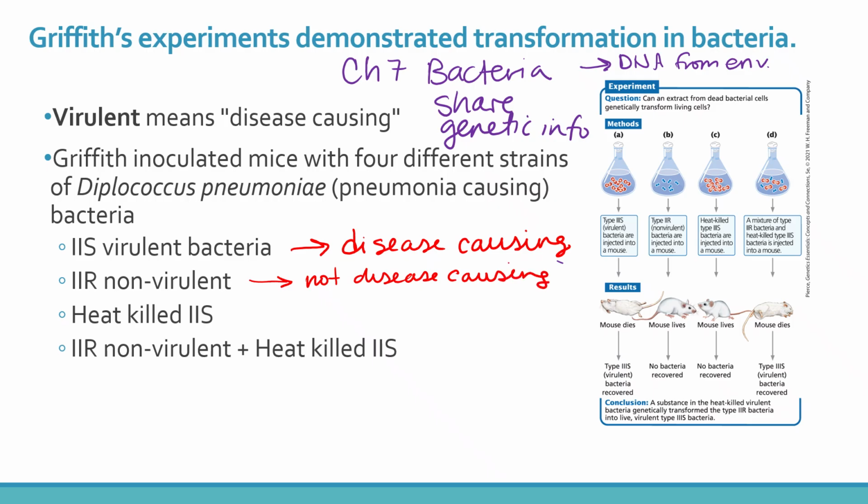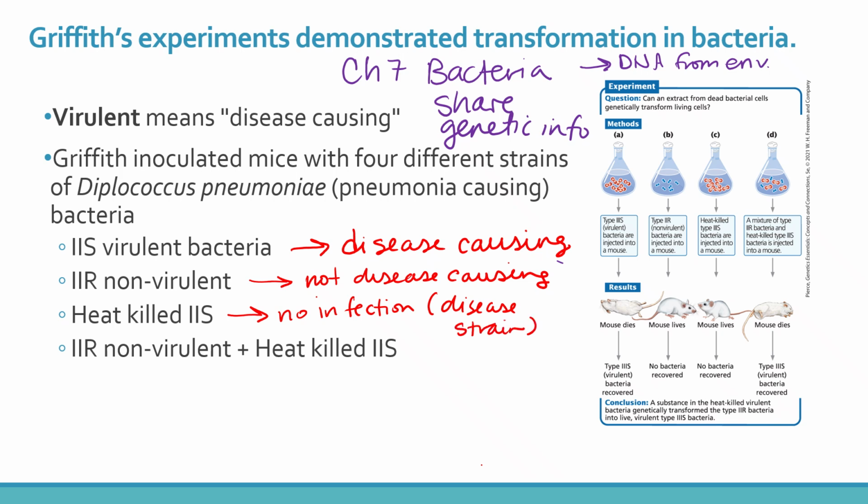Then we've got heat-killed virulent bacteria. So the idea here was if we kill the cell, then the organism should not be infected. So there should be no infection, even though he has the disease-causing strain.